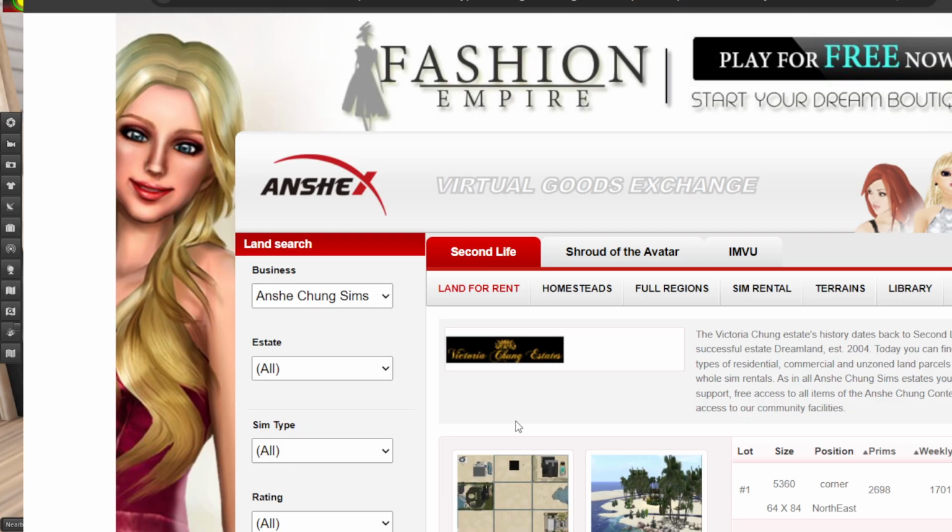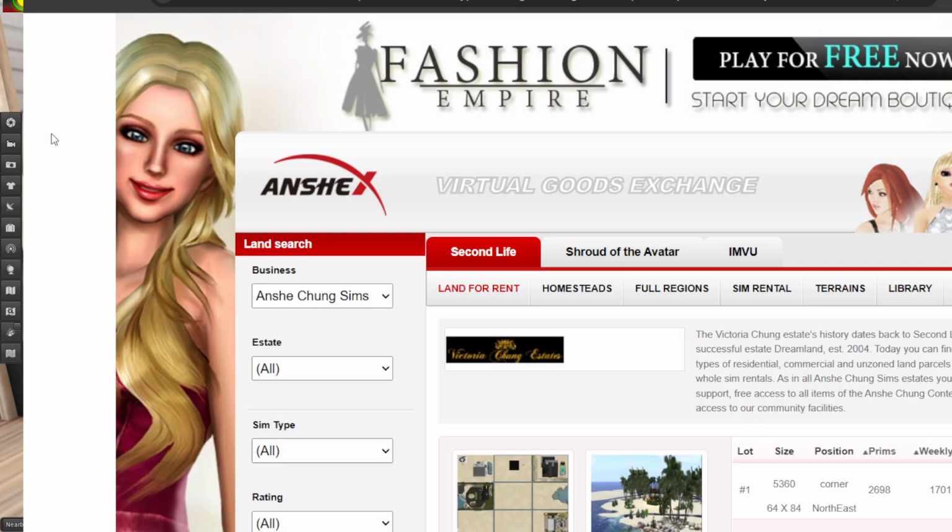You can watch that video for more details on how to find land to rent if you have a free basic account with Linden Lab, which means you basically just signed up for Second Life and you're using the free version. You're not paying anything, right? All right, so that'll be in the show notes. If you are at that level, you can only rent land from other people, which we'll call your landlords in Second Life.